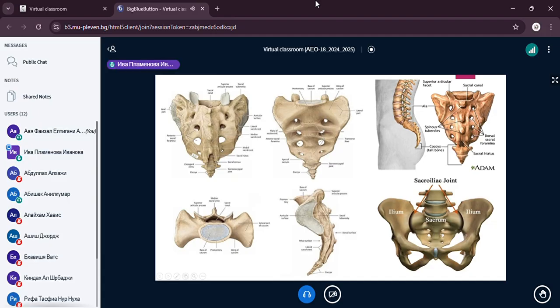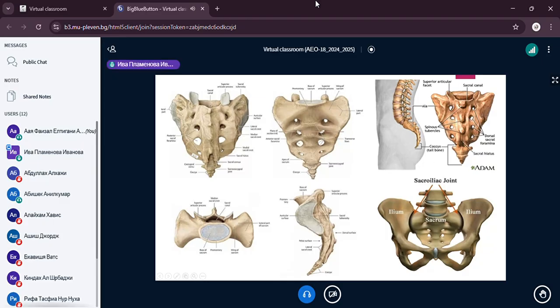So here should be the transverse lines, the anterior sacral foramina, this one here, these are the wings, ala ossis sacri, and that's from the anterior view.